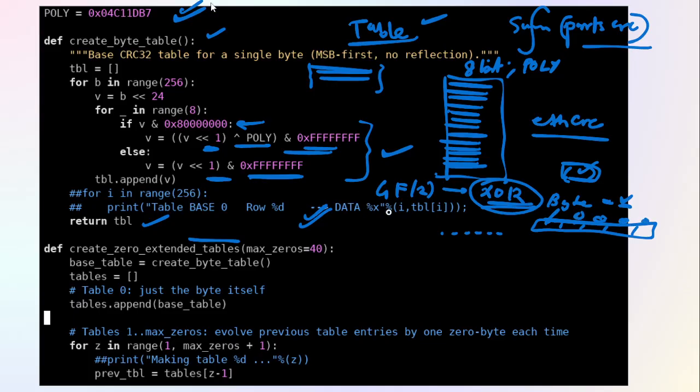Those zeros, as they get pushed in, change the state of this byte's CRC. Behind this byte there is also CRC32. I showed you when we did the Fourier transform kind of thing that each byte has a CRC associated in isolation. So when other zeros are pushed in, each CRC evolves.